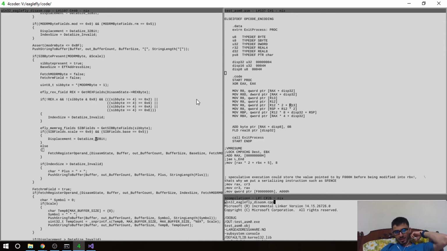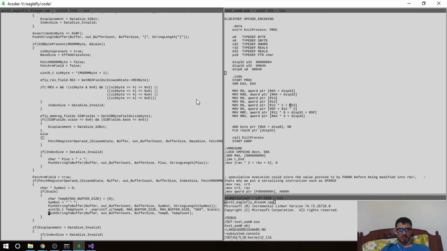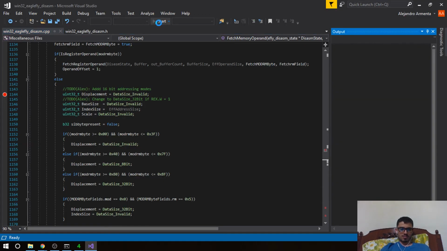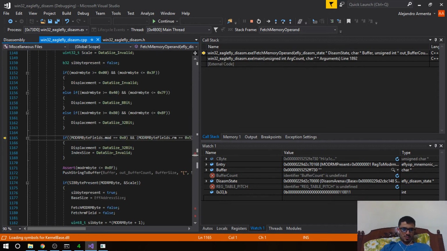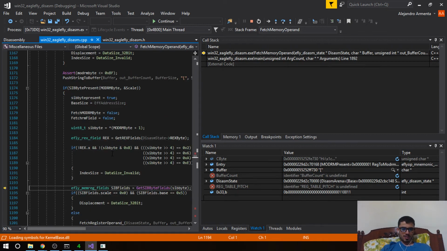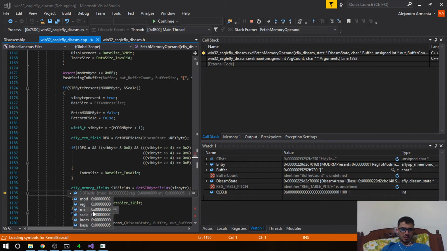So we're gonna have a scale index times 4, whatever, plus a displacement. So we have an invalid thing there. We have an SIB, we don't have that. We got the fields. And we have 2, 5.